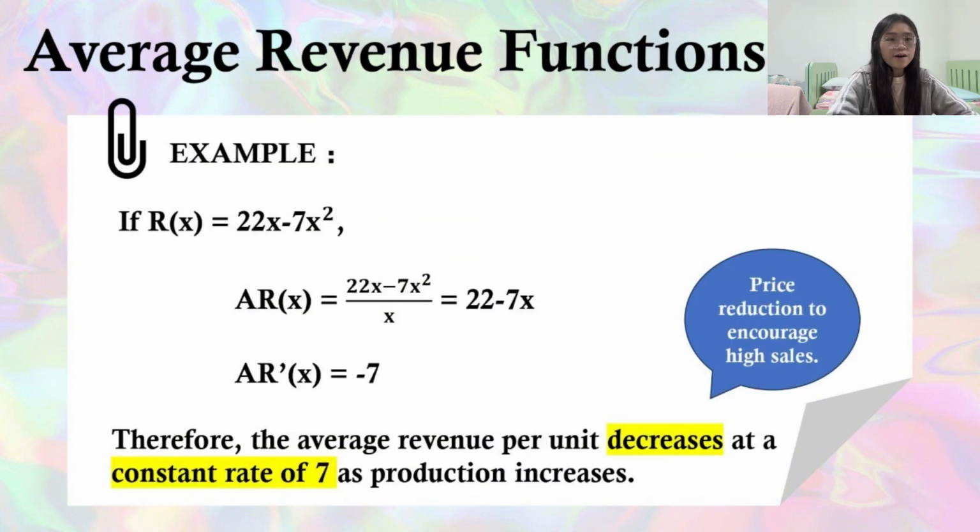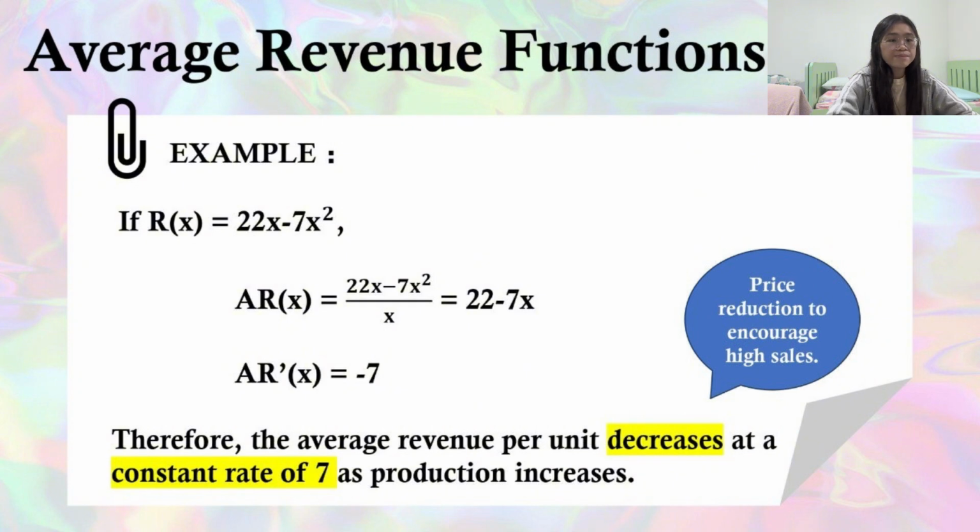So, just now our revenue function is equal to 22x minus 7x squared. We can use this revenue function to continue to find the average revenue function. So we take the revenue function divided by x, and we will get 22 minus 7x for the average revenue function.